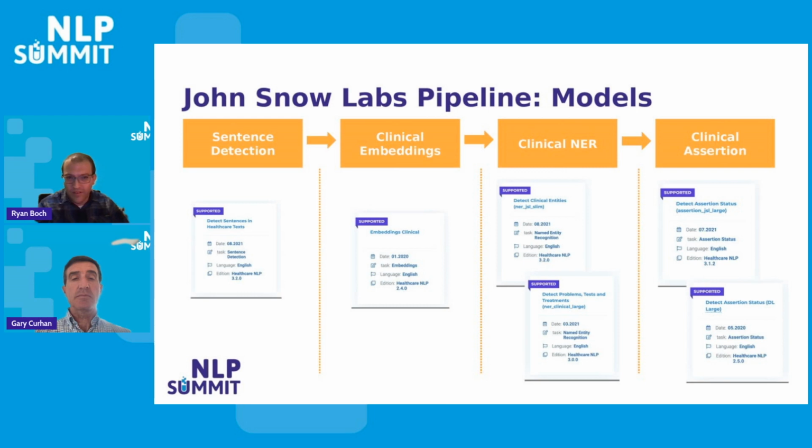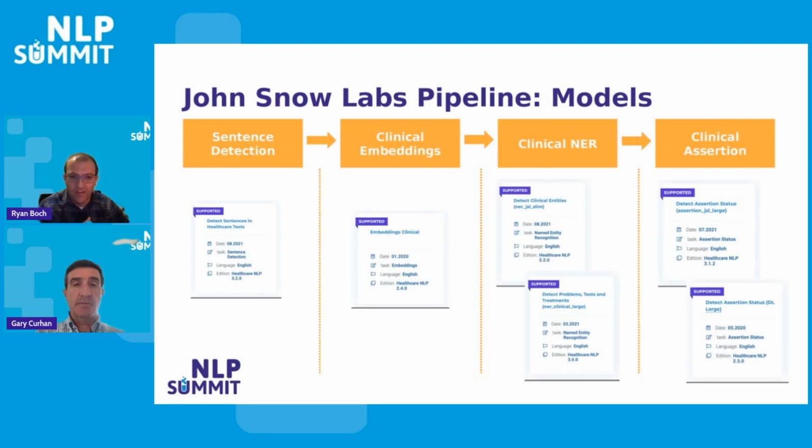So I'm going to talk a little bit about the John Snow Labs pipeline we used and the various models. So we did use sentence detection. I assume, and I think this is a safe assumption, that these models are designed to work off sentences. Later on, we'll talk about some challenges and some trade-offs to segmenting your notes into sentences.